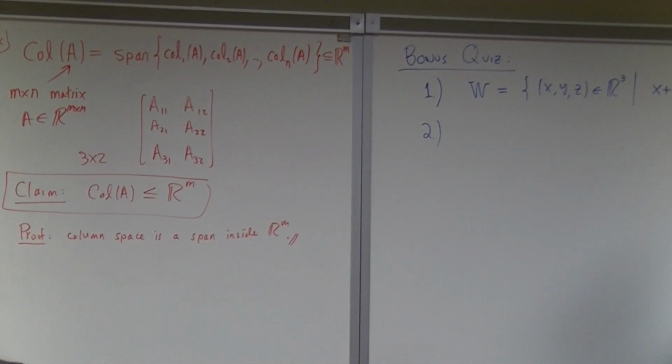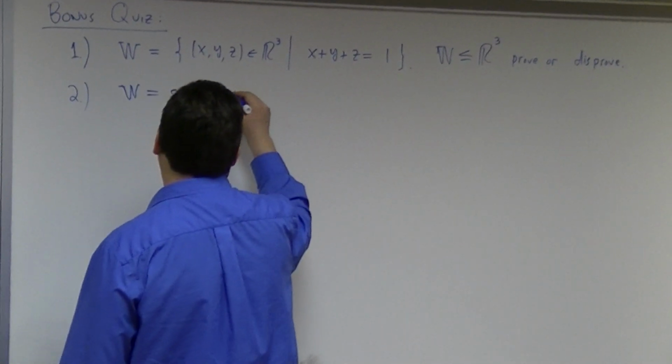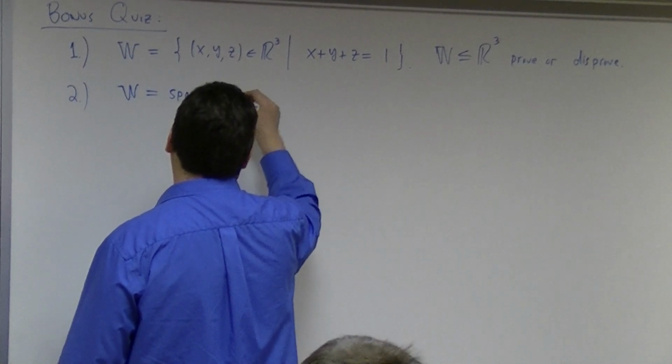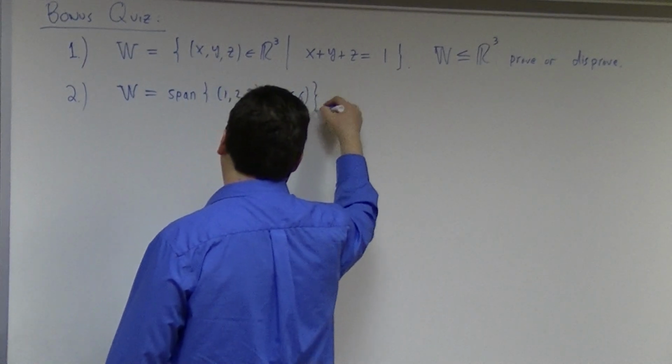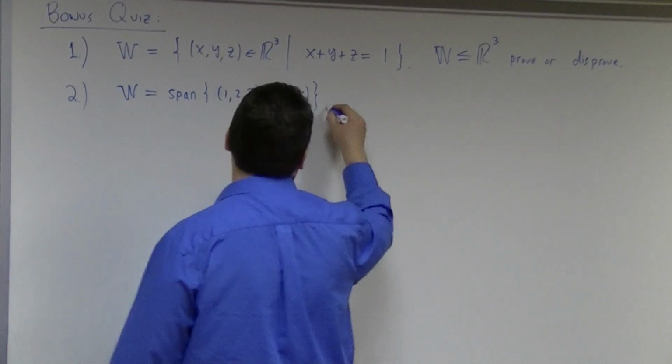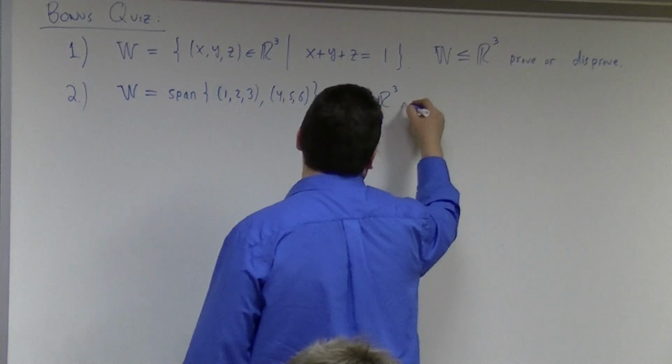W is a subspace of R^3. Prove or disprove? Number 2: W is equal to the span of (1, 2, 3) and (4, 5, 6). W is a subset of R^3. Prove or disprove?